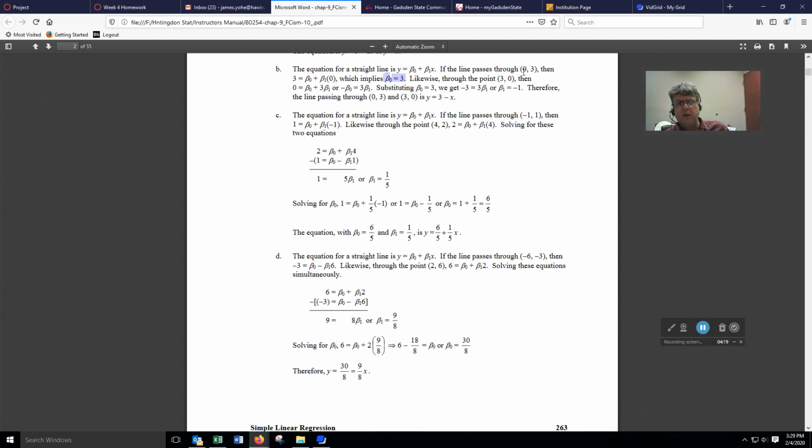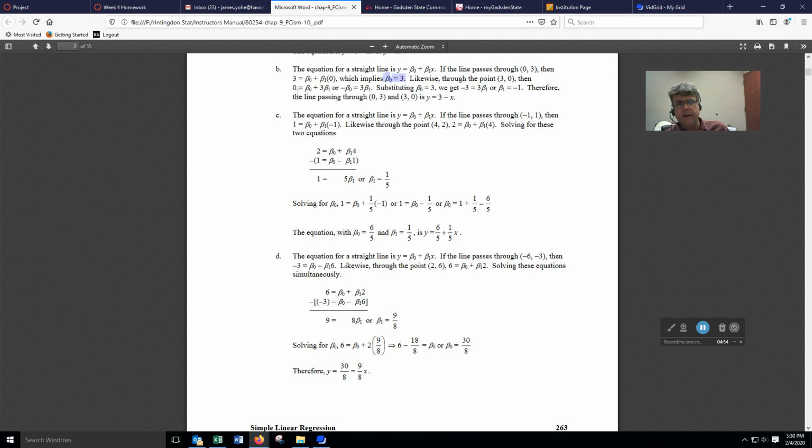Now we need to get the slope of the line. There's a number of ways to do that, but here we are going to put 0 is equal to beta naught, that's the y-intercept, plus 3 times beta 1. We get that from this second equation, from the second point, where we are told that this line passes through x equals 3, y equals 0.